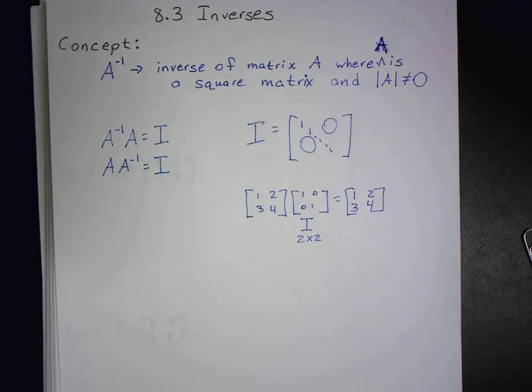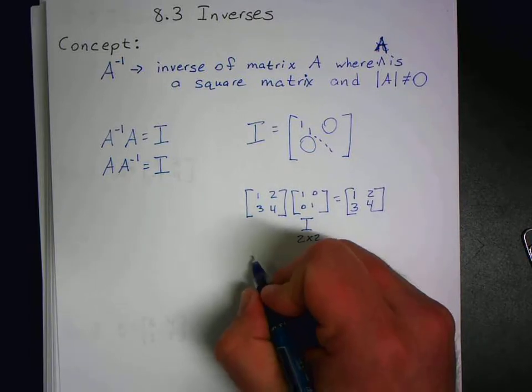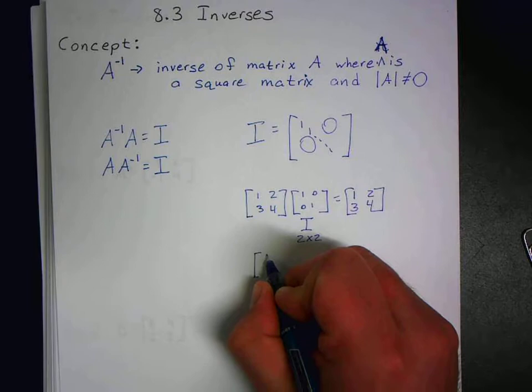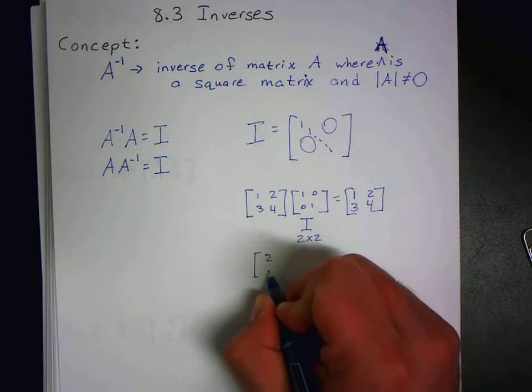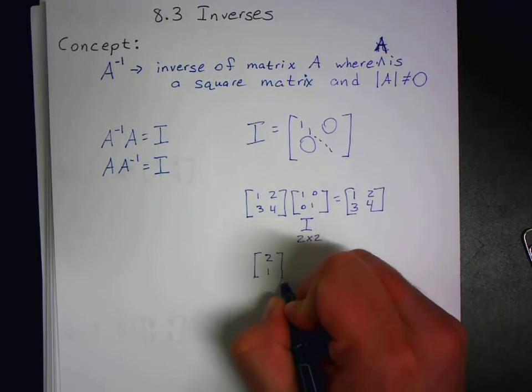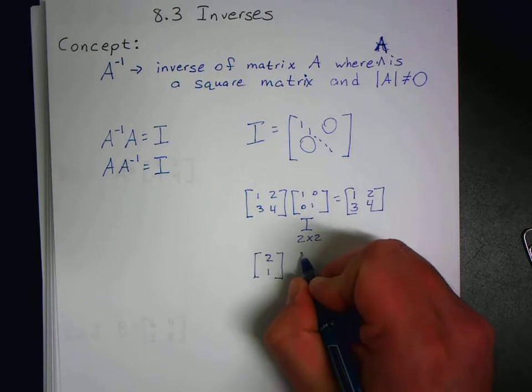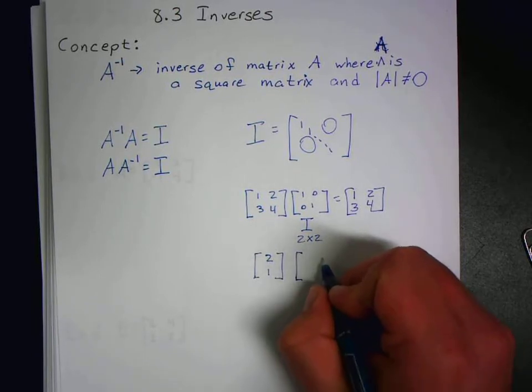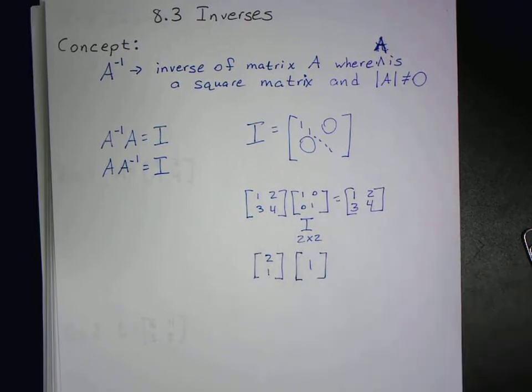I is always square, so if I had something like a 2 by 1 and I wanted to multiply it by I, I would just pick the appropriate sized I, which would just be a 2 by 2.